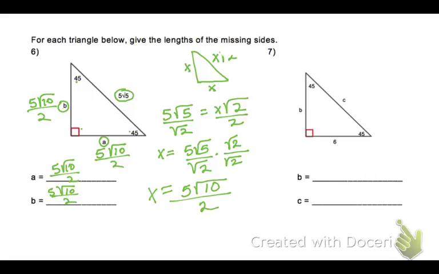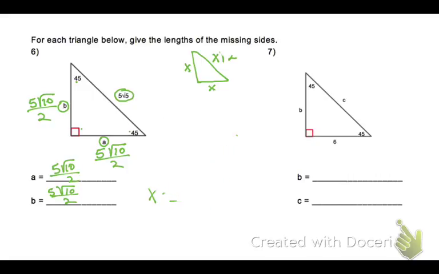Okay, I am going to erase this part. Okay, again, for number 7, we have a 45, 45, 90, and we are given a leg down here, the 6.